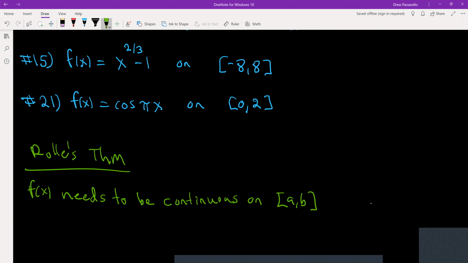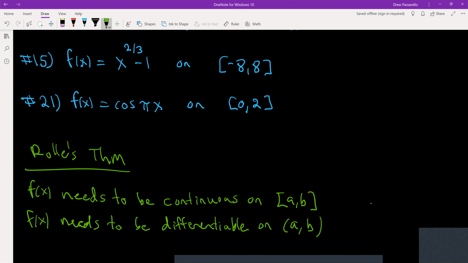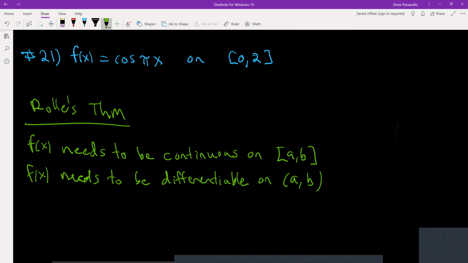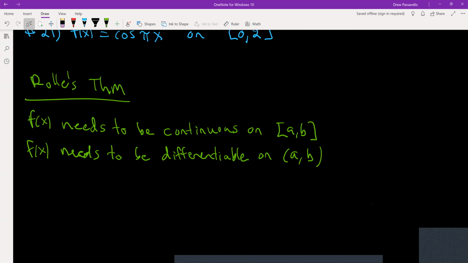It needs to be differentiable on the open interval AB. And that just means its derivative has to exist on the entire open interval.